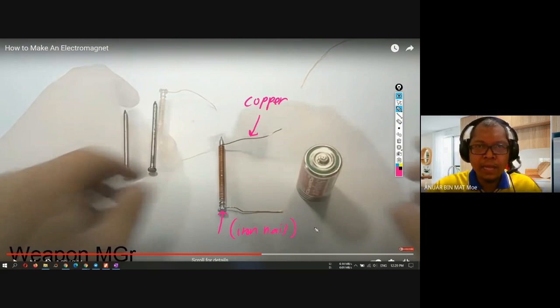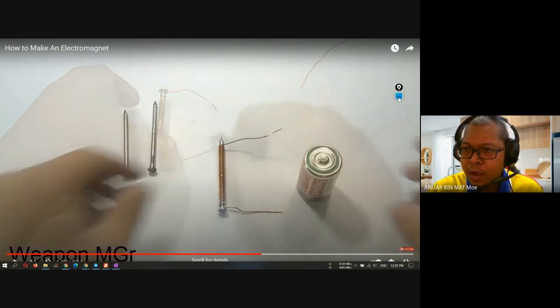No magnet, yeah? Okay, very good. There is no magnetic field produced in the iron nail. So if you test it with a paper clip, it won't pull anything. So let's continue the video and see what happens when we connect both ends of the copper wire to a battery.